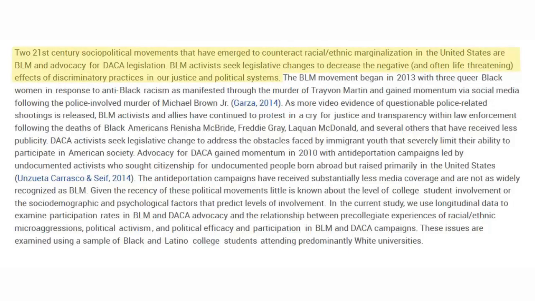"Two 21st century socio-political movements that have emerged to counteract racial and ethnic marginalization in the United States are Black Lives Matter and advocacy for Deferred Action for Childhood Arrivals, or DACA legislation. Black Lives Matter activists seek legislative changes to decrease the negative and often life-threatening effects of discriminatory practices in our justice and political systems."